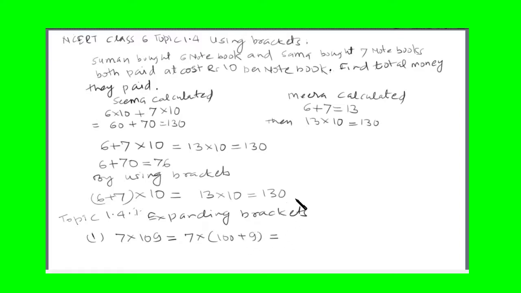Now this gives us 7 multiplied by 100, which is 700, plus 9 multiplied by 7, which gives us 63. This gives us 763.